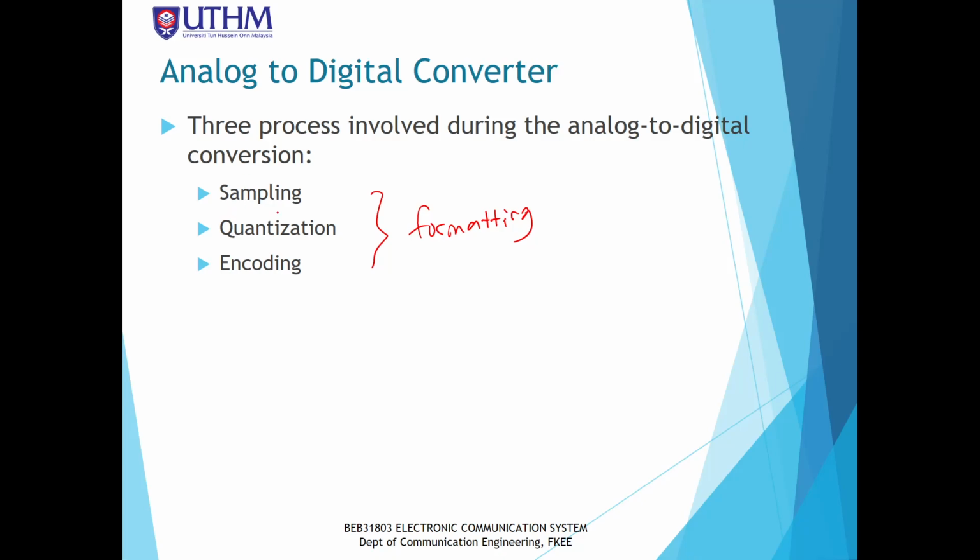These are in sequence: first we do sampling, then quantization, then finally the encoding. The purpose of the formatting process is to convert an analog signal to a digital signal, that means from a continuous time signal into a discrete time signal.